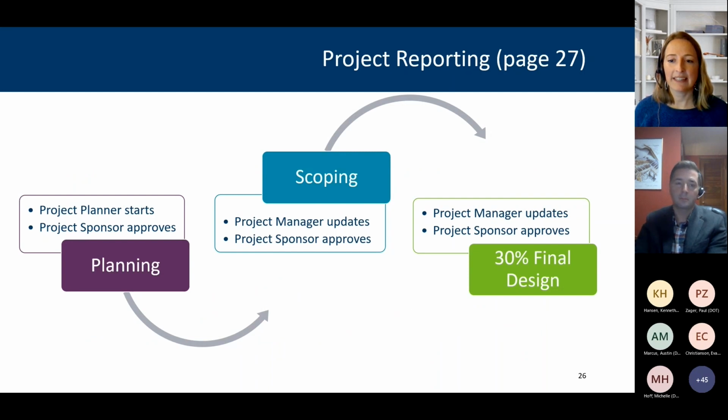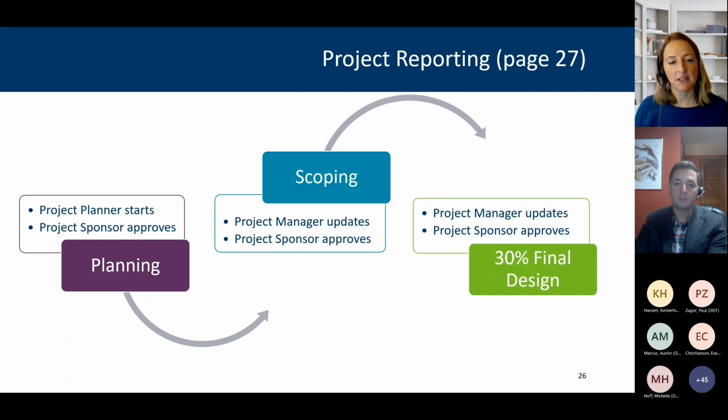So to reiterate again, because it's just good that we're all on the same page. So the project reporting process has changed to go earlier. There's been some shifts in responsibilities. So there's 3 touch points for the project reporting form. First is at planning. The intent is that project planning staff start that, fill out as much as they can given what is known at that stage in the project.